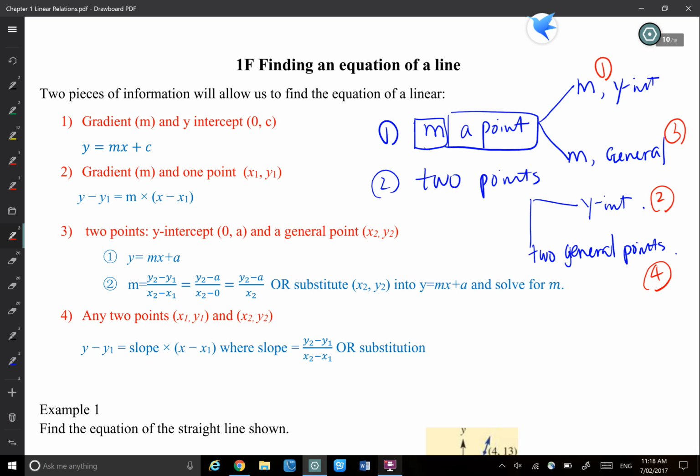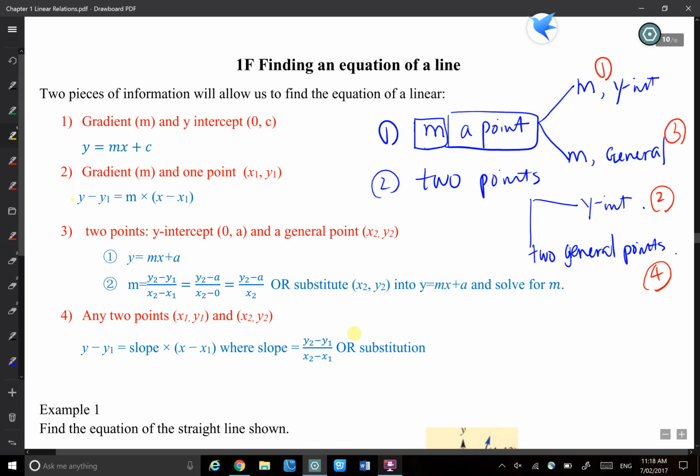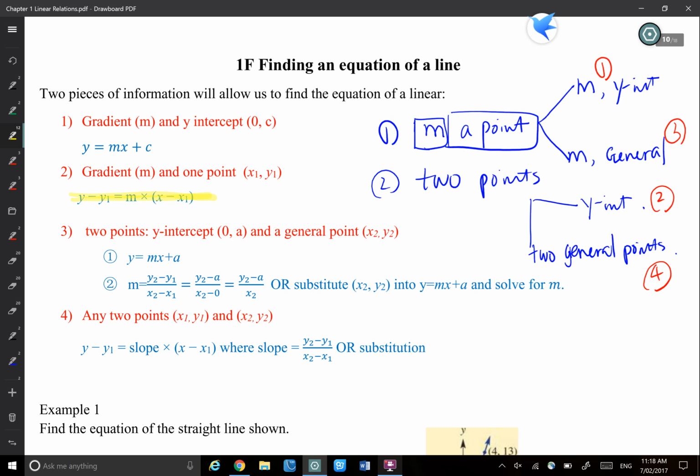The one thing I want to emphasize here is this equation: y minus y1 equals m times x minus x1. What's that for? If I know the gradient and a point the line passes through, I can use this equation to find the line.